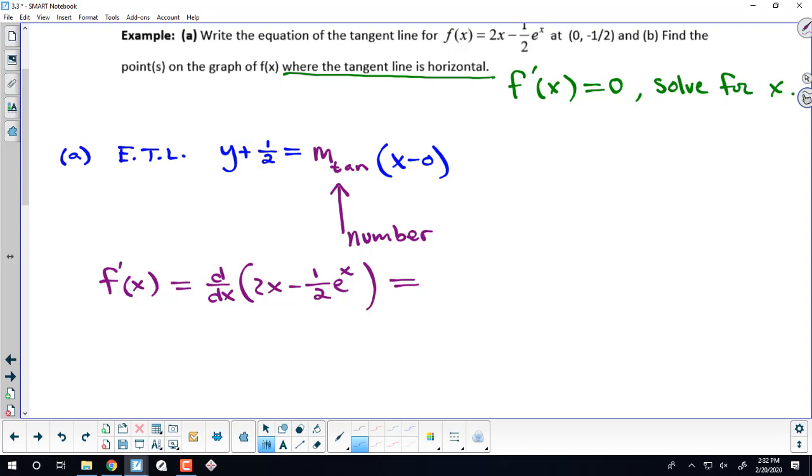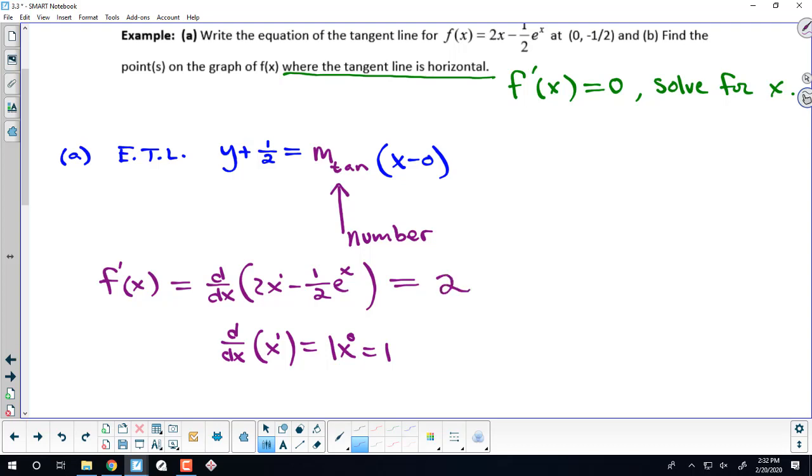So we have the difference of two functions of x. What's the derivative of 2x? Is it 2? Remember, that's x to the first. So the derivative of x to the first is 1 times x to the 0th power, which is 1, right? But it's multiplied by 2. 2 times 1 is 2.